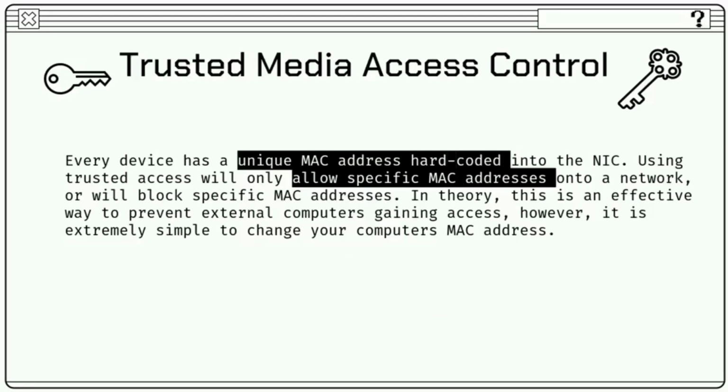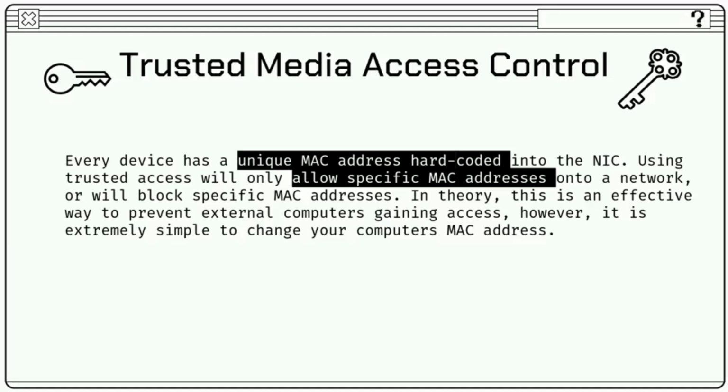So another type of security is trusted media access control. Every device has a unique MAC address hard-coded into the NIC. Using trusted access will only allow specific MAC addresses onto a network or will block specific MAC addresses.